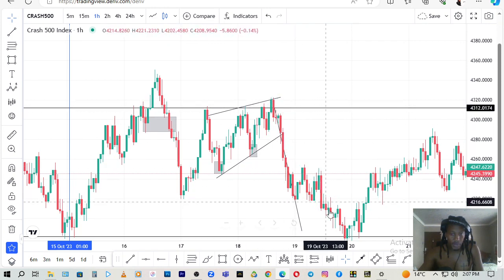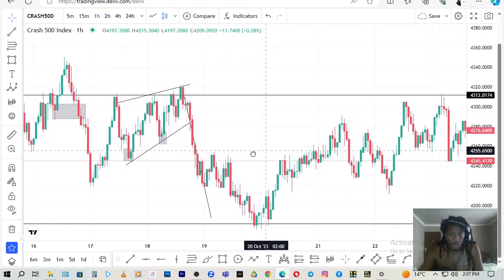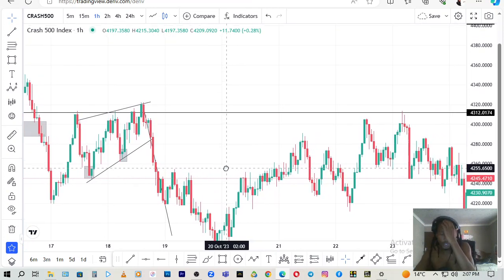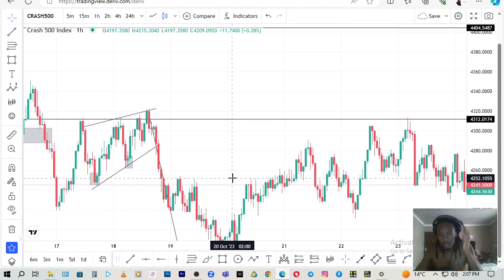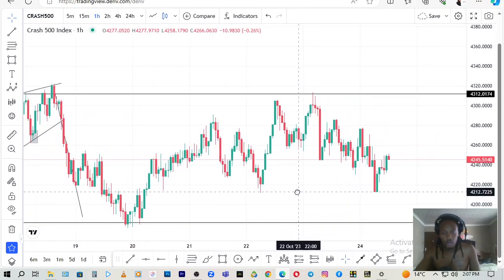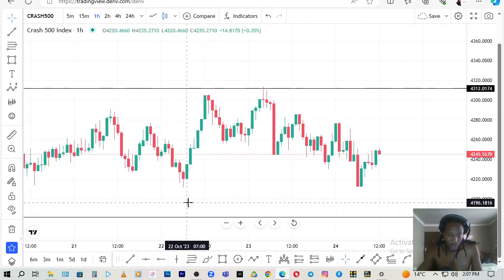Here's our lower high. So until we break this lower high, that's when I can say, yeah, we're now changing trend. So we're still going low on the 1 hour.